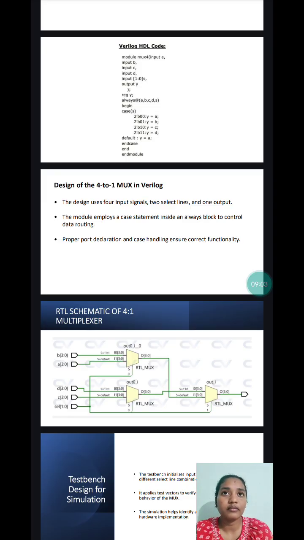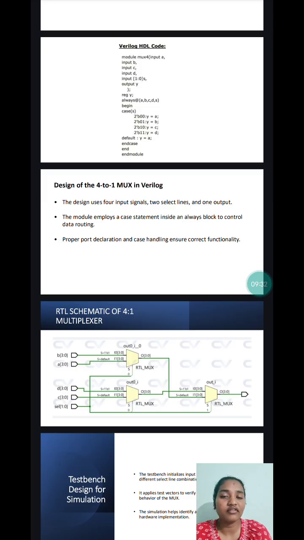Next, below that, we use the begin keyword, and then the case statement. Case of S: 2'b00: Y equals A, 2'b01: Y equals B, 2'b10: Y equals C, 2'b11: Y equals D.